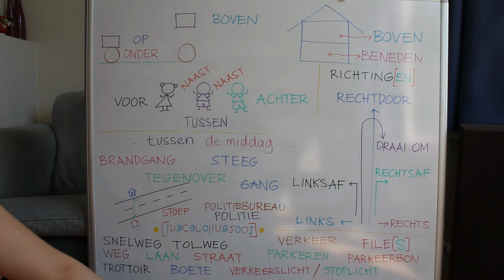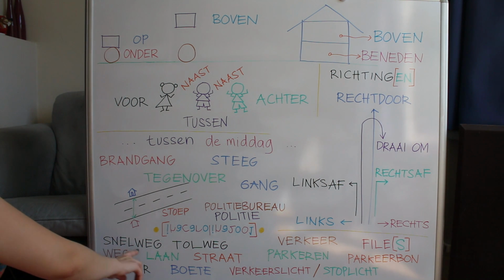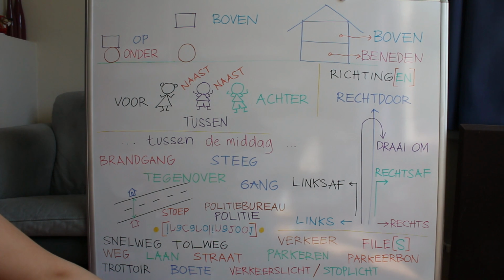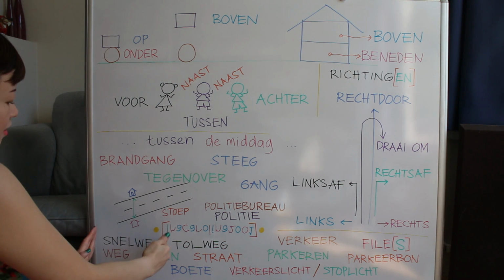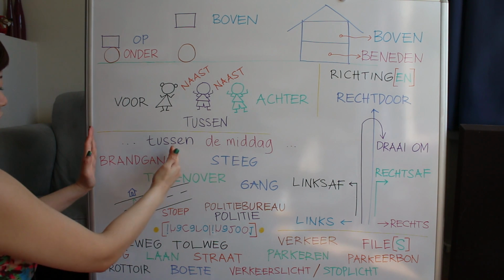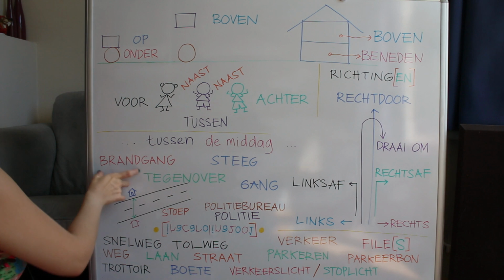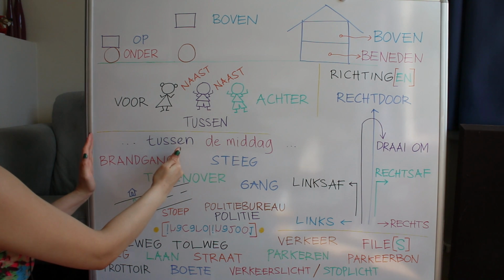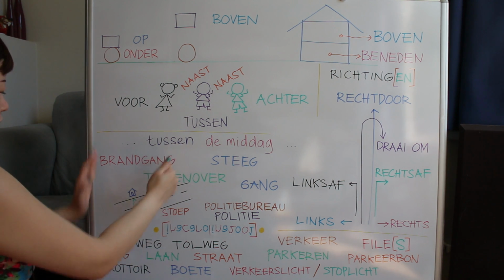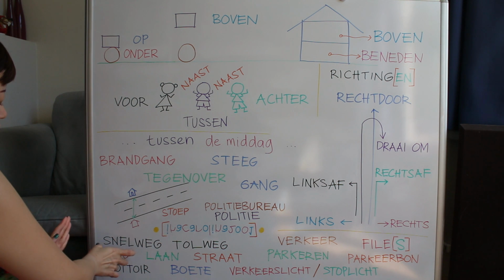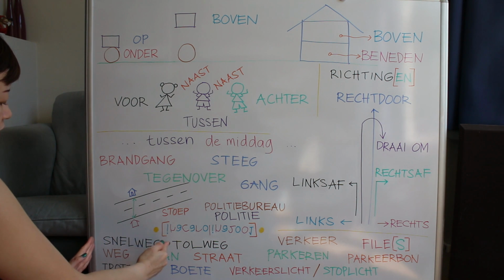We'll go to here. Highway is snelweg. Weg is way. Snel is fast. Highway is snelweg, together, one word. Same with brandgang: even though it's from brand and gang, we put it together into one word. This one also, even though it's from snel and weg, we put it together.